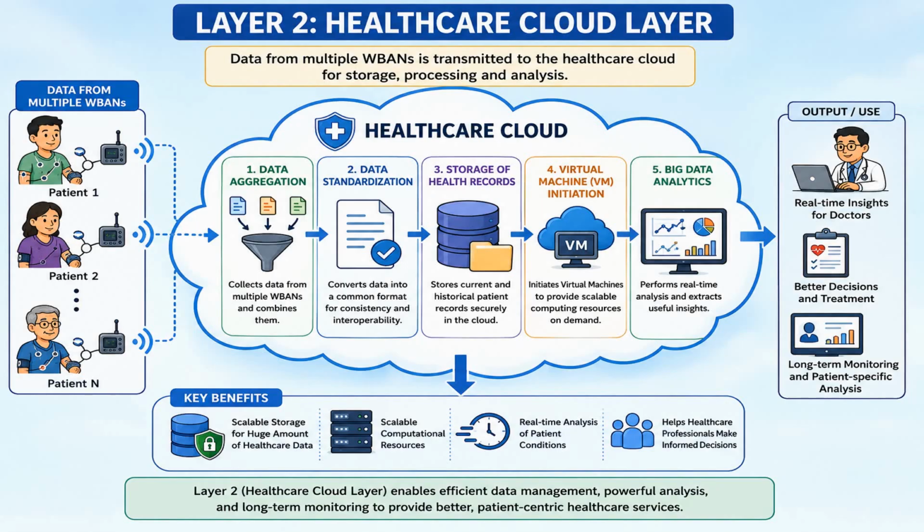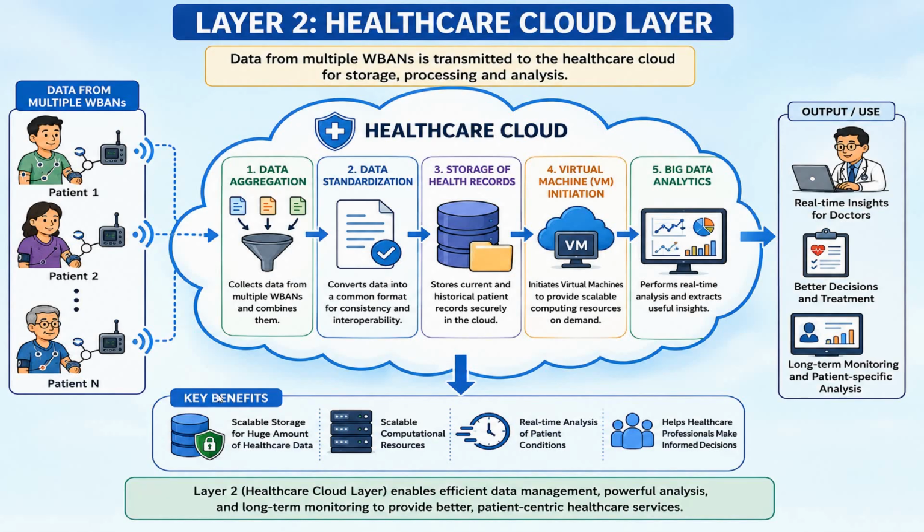Then the second layer is the healthcare cloud layer. This layer serves as the central processing and storage unit of the AmbuSens healthcare IoT system. Its primary role is to receive the health data from multiple patients through wireless body area networks and perform storage, processing and analysis of the collected information.